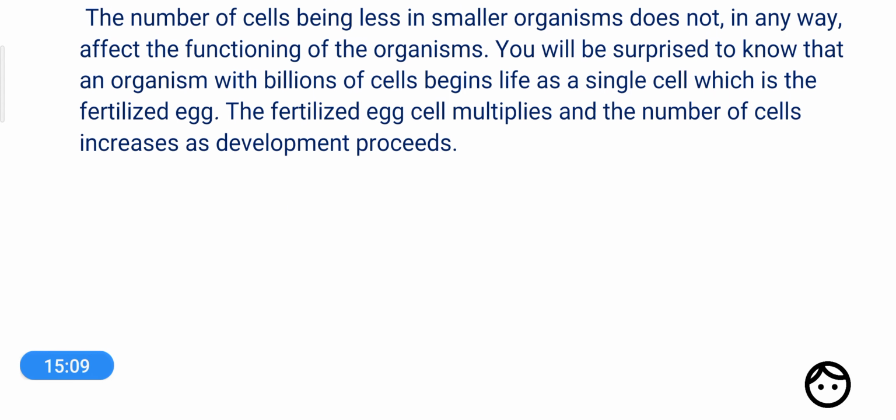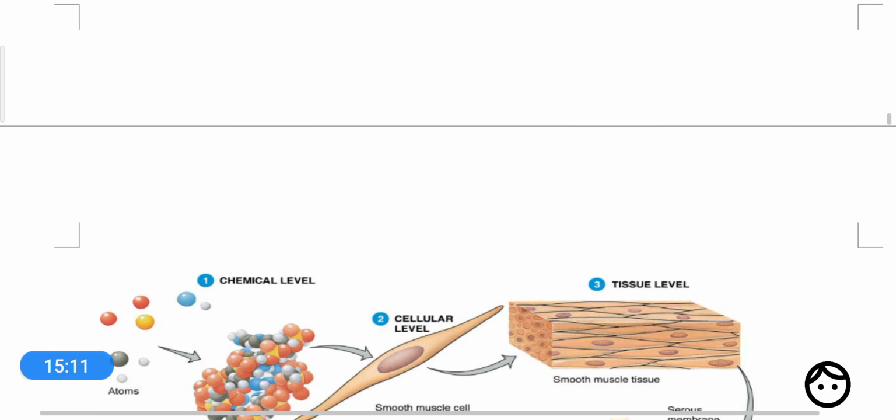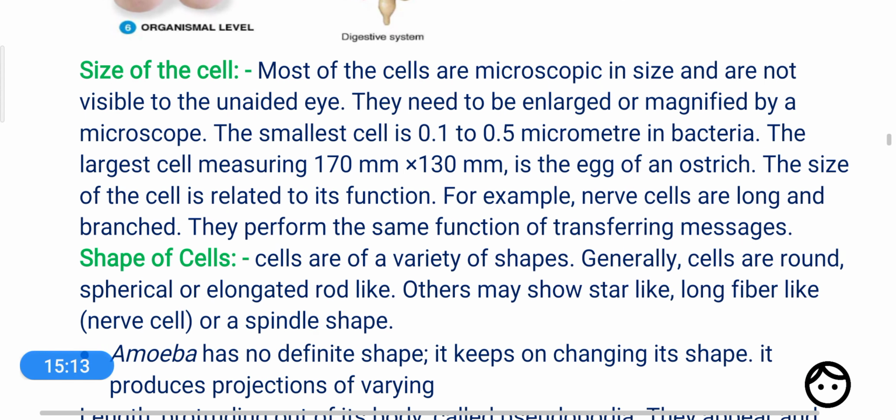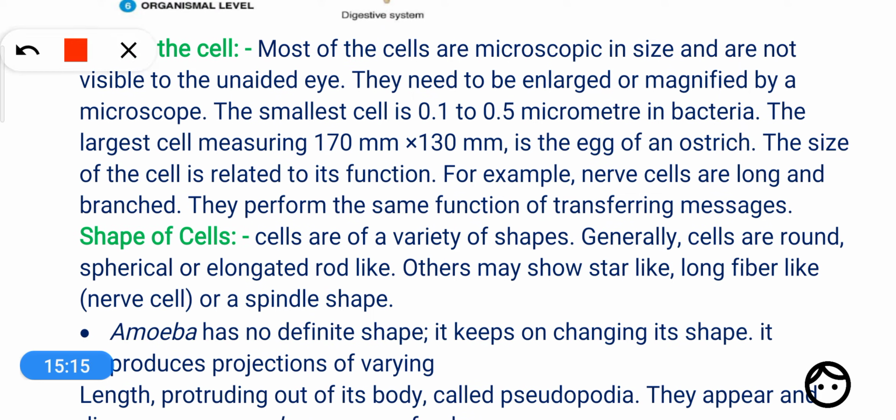Okay. Now, if we talk about the size of the cell, then it depends on the function of the cell, right? If we talk about the smallest cell, it is around 0.1 micrometer in mycoplasma, that is a type of bacteria, and the largest cell is the ostrich egg cell, the largest animal cell.